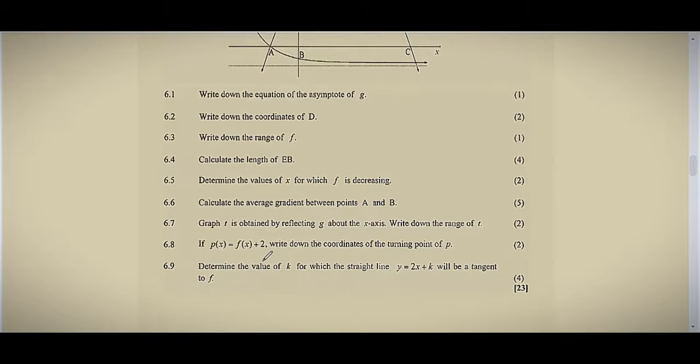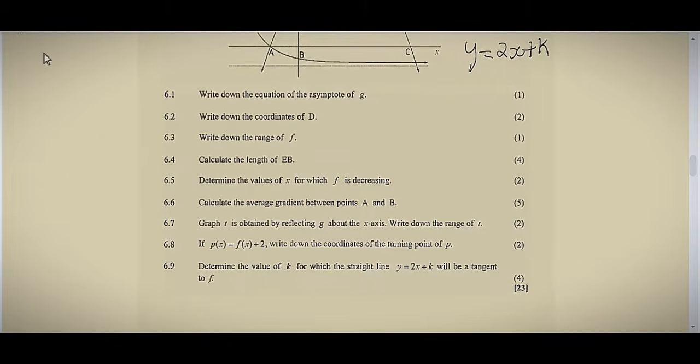Now, note this: a tangent needs to intersect with that graph, right? So they say determine the value of k for which the straight line y is equal to 2x plus k will be a tangent to f. In order for the straight line to be a tangent to f, it needs to intersect with the graph of f at a particular point, right?